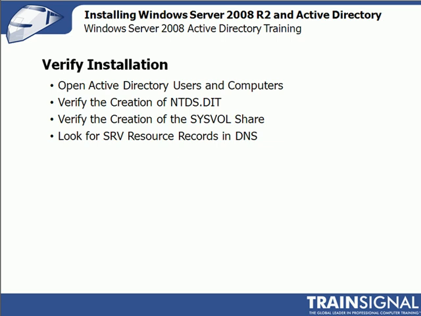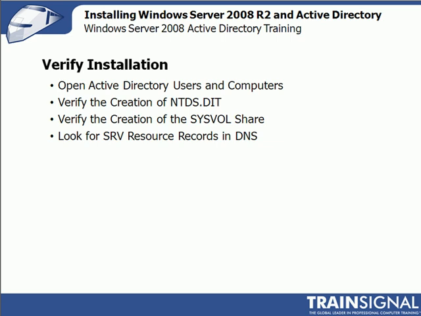This takes, like, 1 minute. All we need to do is open up Active Directory users and computers, which is a utility, just to see that it has been installed, and you can navigate and look at the different objects in Active Directory. We'll look for the presence of a file called ntds.dit, which is the actual database file.